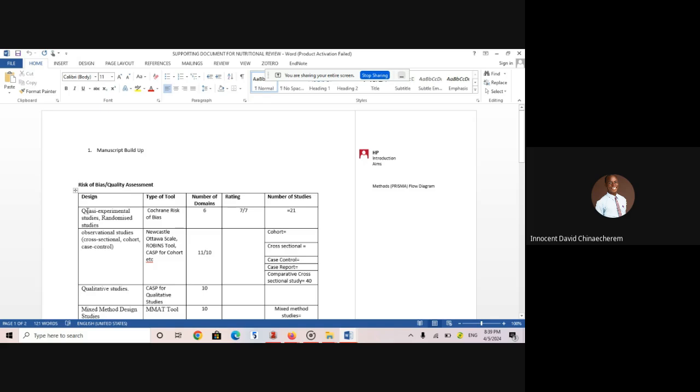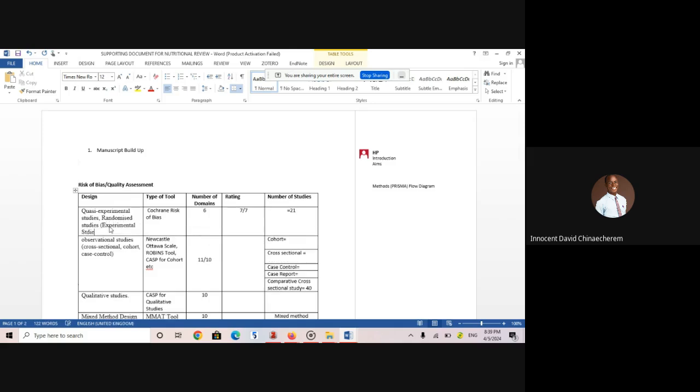So for quasi-experimental studies, that has been stated to be included in your inclusion and exclusion criteria, or randomized studies. So all these are experimental studies.